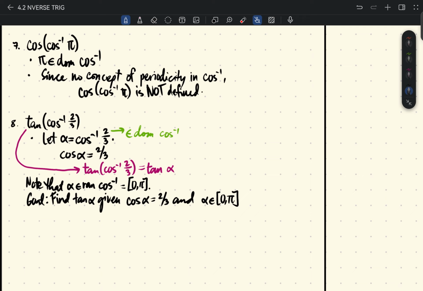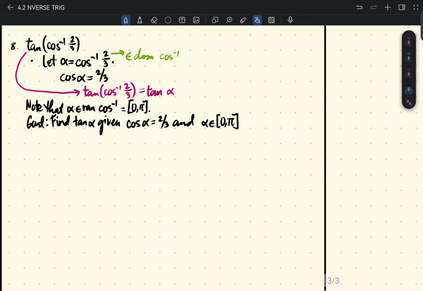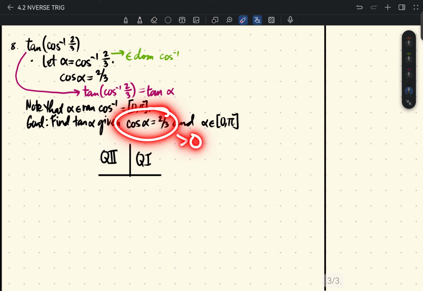How do we do this right here? First, let's look at the given. We know that alpha is in 0 to pi, and so we are looking at quadrants 1 and 2. And observe, cosine of alpha is greater than 0.